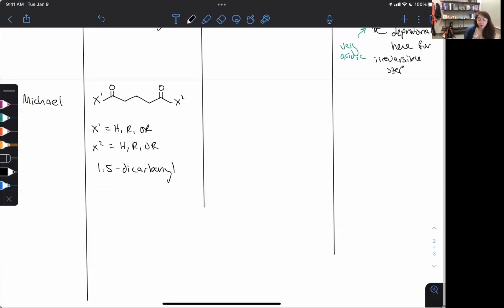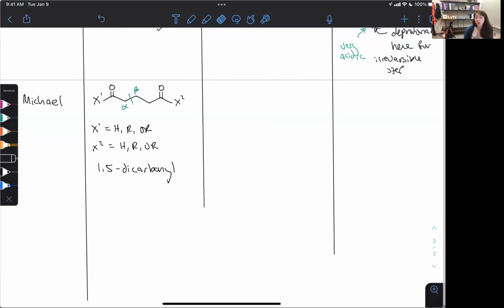Okay, so if we look at this, let's go ahead and number things out a little bit. So we've got the alpha, the beta, and technically we've got alpha, beta, right? So this is the beta position for both of them. You can split this in any way. I'm going to keep it the same. So I'm just going to look at this side.